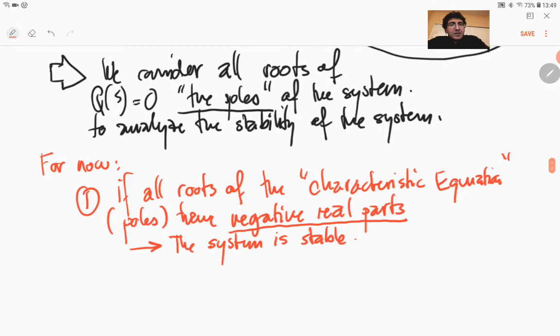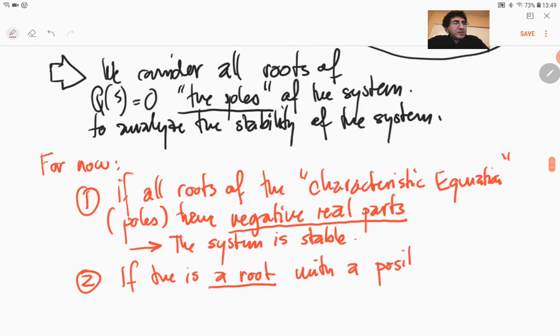Okay. The second statement: if there is a root with a positive real part, even a single root with a positive real part makes the system unstable.